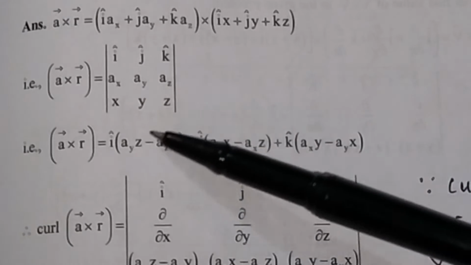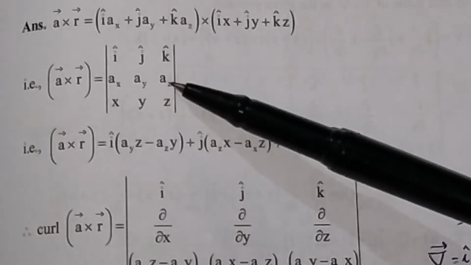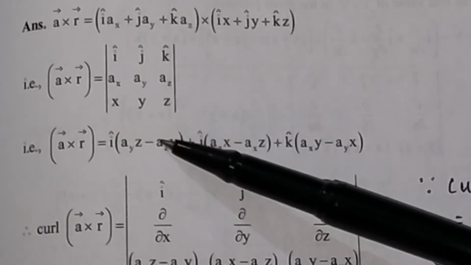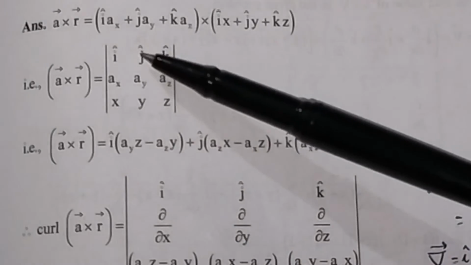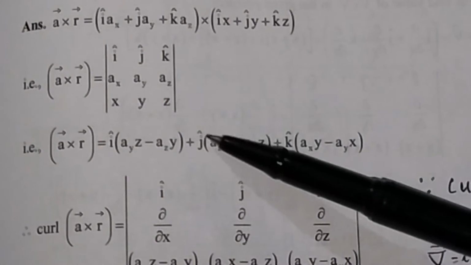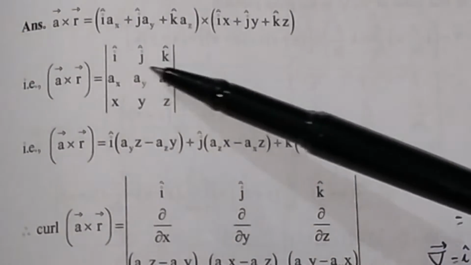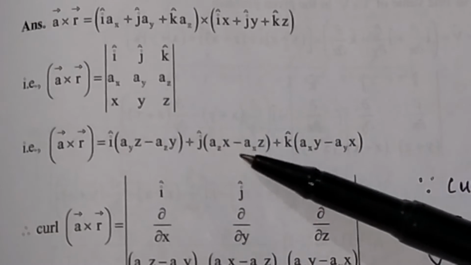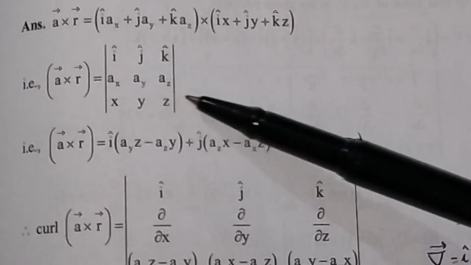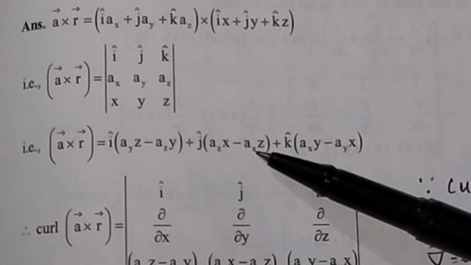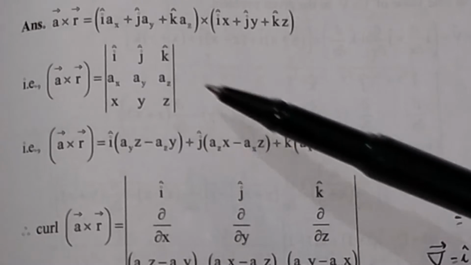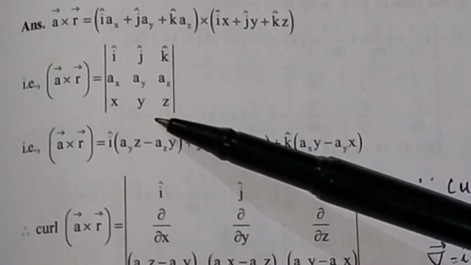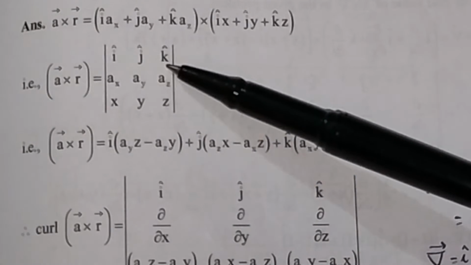So Ay z minus Az y, plus, for j cap, you leave this column and this row, Az x minus Ax z. So Az x minus Ax z, plus k cap, for k cap, you leave this column and this row.